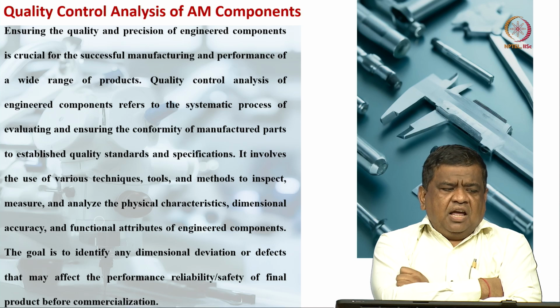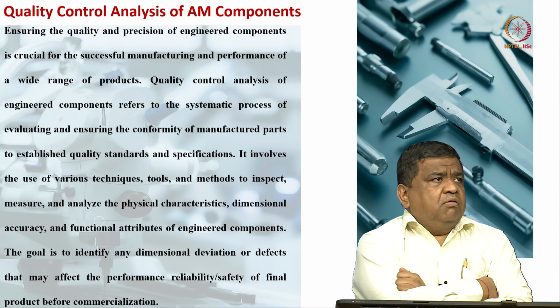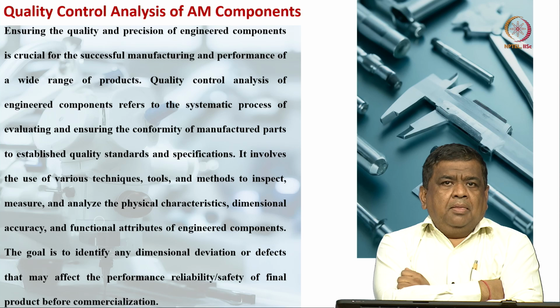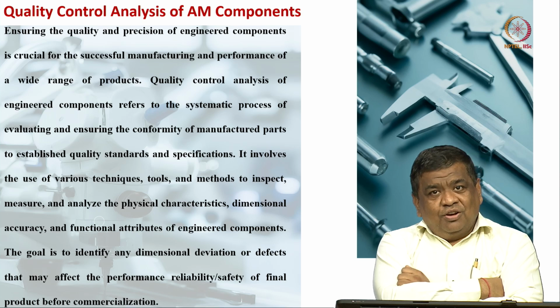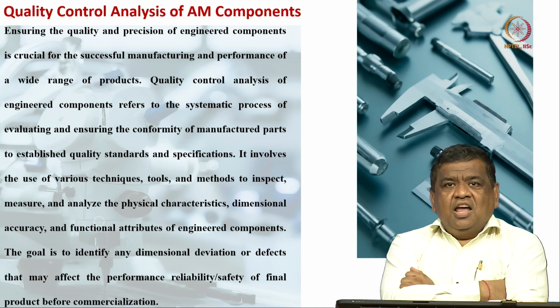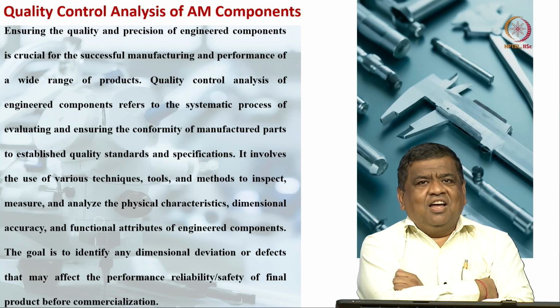So, in this slide and the next few slides I will be explaining the traditional quality control measurements or techniques which were used in industries, which are also used for checking the additively manufactured component quality, and a similar set of methods or analysis techniques are also used in conventionally manufactured components.